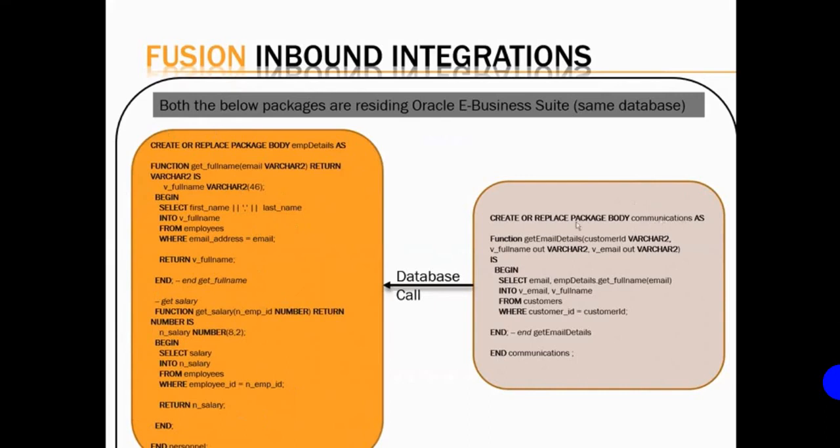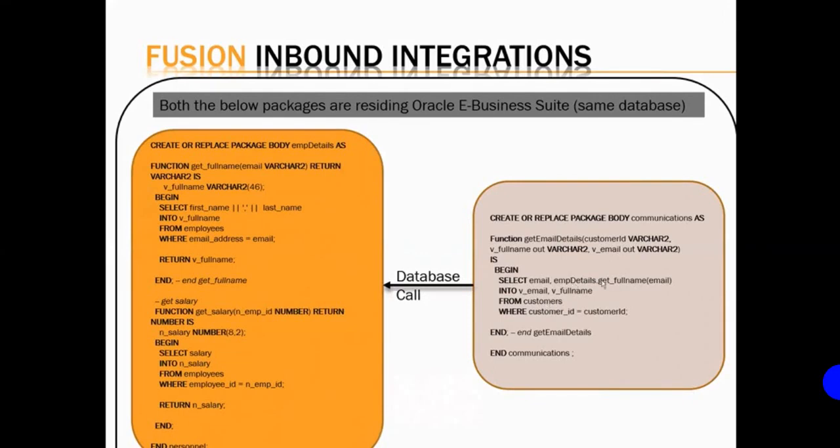This communications package has a get email details function, which takes a customer ID as an input parameter, and v full name and v email as output parameters. It is typically getting the email and full name from the customer's table. How does it get the full name?